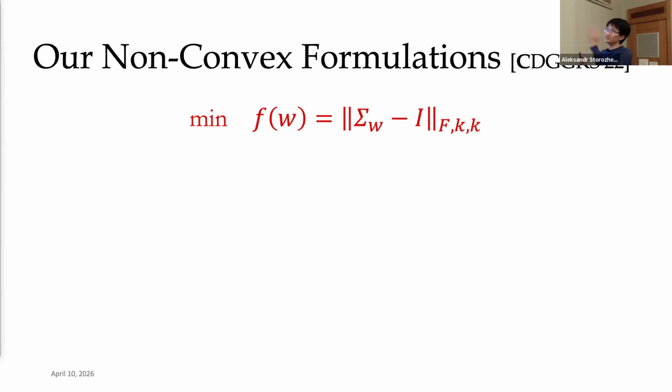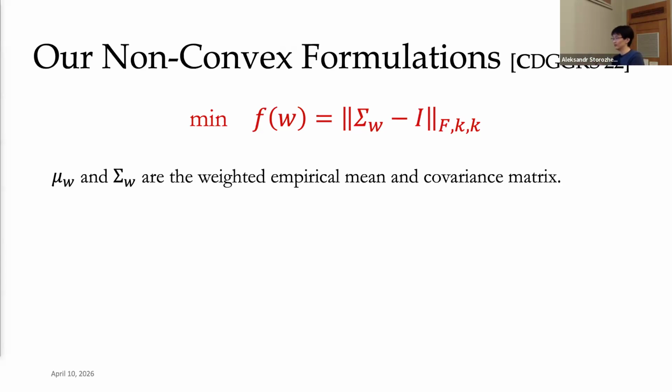Let me just tell you directly what the objective function is. This is something that we designed, and I think it is the main novelty of the work. So mu w and sigma w are still the same definition as before. They're just the weighted empirical mean and covariance. This is a new norm on a matrix, which I'll define now.